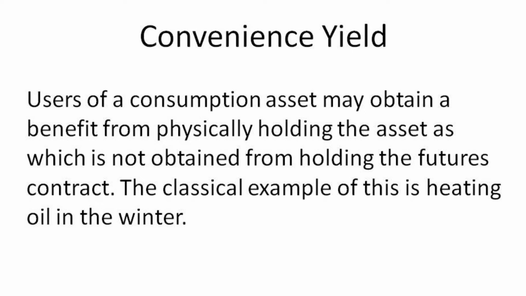So the classic example of this is heating oil in the winter, in that it's all very nice saying that owning a futures contract gives you the same economic effect as owning the underlying, except when you need to heat your house, you would happily pay more for the underlying asset than you would for the underlying asset with delivery in, we'll say, 3 months when the winter might be over.